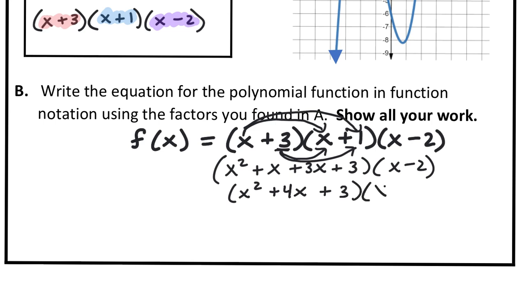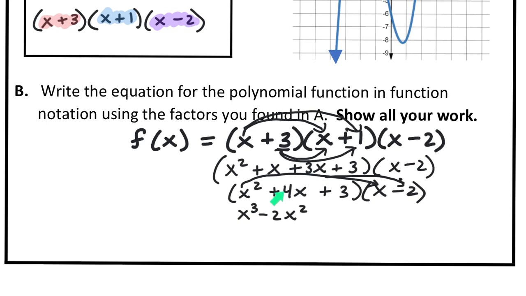And then we're going to do distribution again. So we're going to do x squared times x and then x squared times negative 2. That's going to be x cubed minus 2x squared.